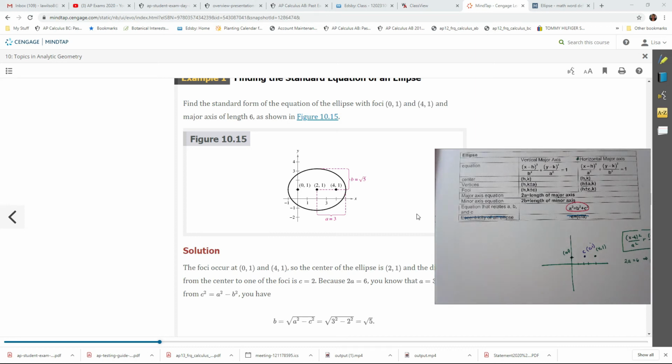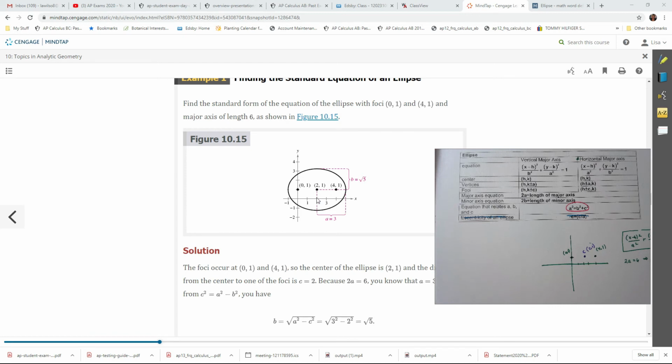All right, so I have a center, I have the two foci, and now I've got a, and I need to find b because I'm going to have to find my minor axis. I do know what my c is. What is c? c is the distance between the center and the focus.